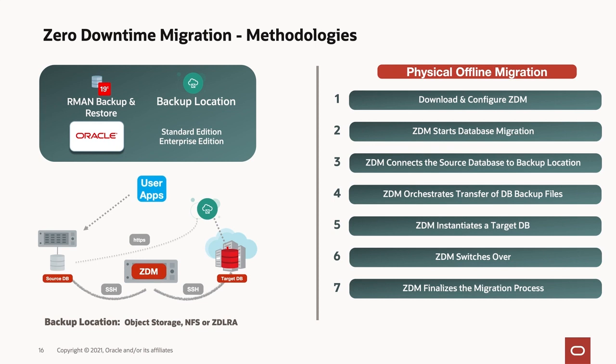Then issue the migration command, and then ZDM starts the database migration, will connect to the source database and the target database in the cloud via SSH, will then connect to the backup location and start transferring different backup files. Then ZDM will instantiate the target on the cloud using those backup files, perform a switchover, and finalize the migration process by cleaning up all the environments and having the application connected finally to the target database in the cloud.